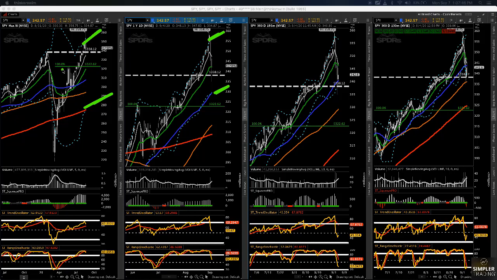But the reason that I prefer the Bollingers here is just because it gives me a statistical understanding of where price should be. So for all of you guys that are stats nerds, whenever you have 2 standard deviations, which is essentially the default settings for the Bollinger Bands, then the statistics say that 2 standard deviations should contain 95% of the price action.